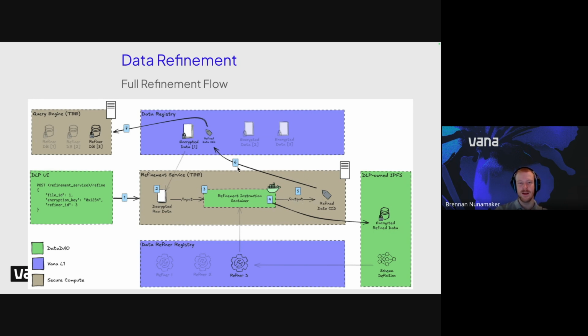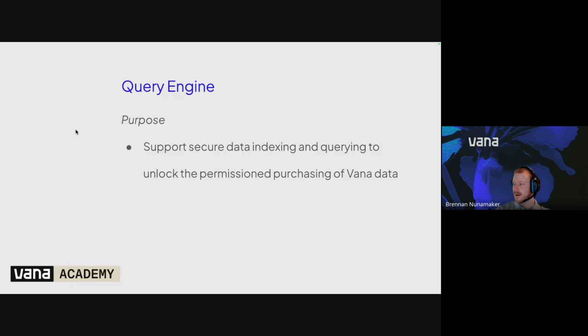This CID is also stored in the data registry, so that later inside of the query engine, we can query this refined data point for this one file and then aggregate it. But we'll get to that. Don't worry about that yet. So the next step, as we have just discussed, is the query engine.